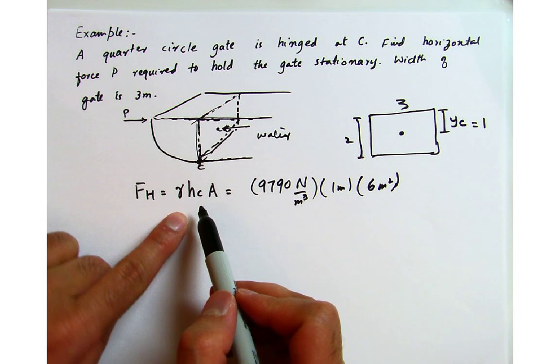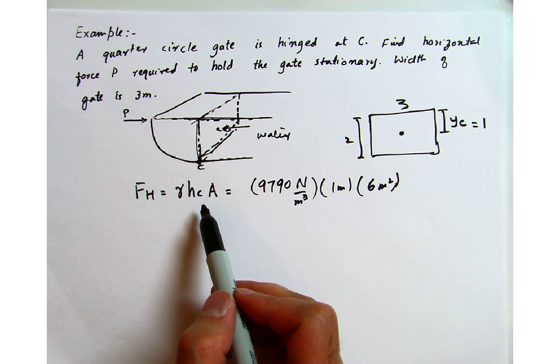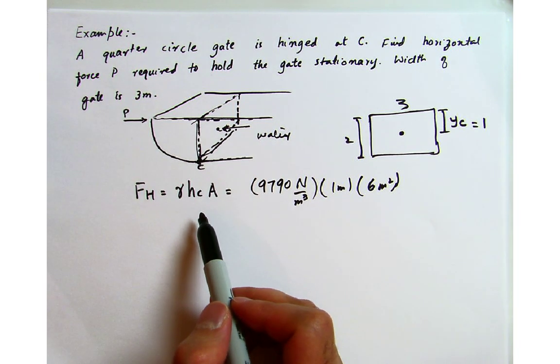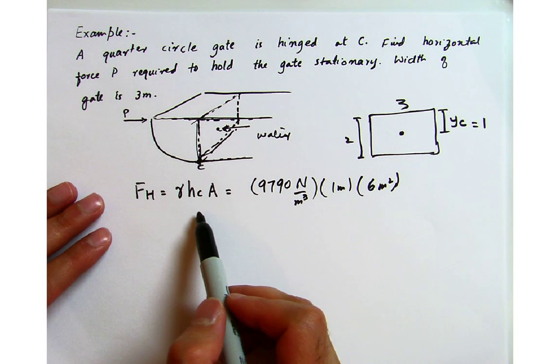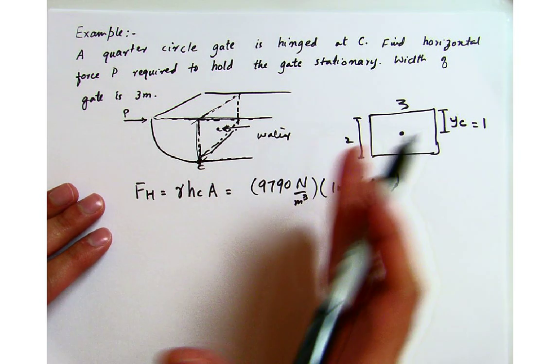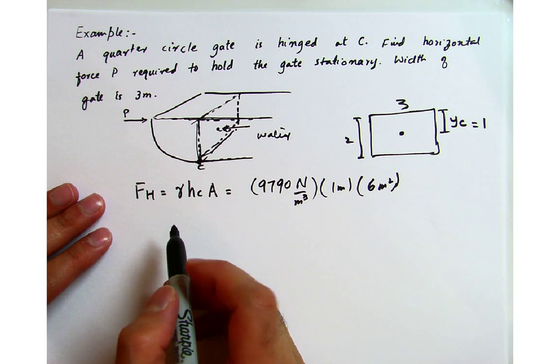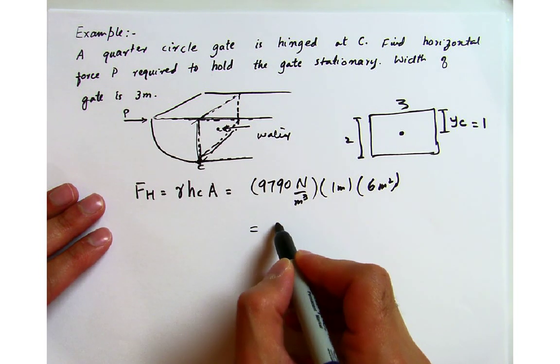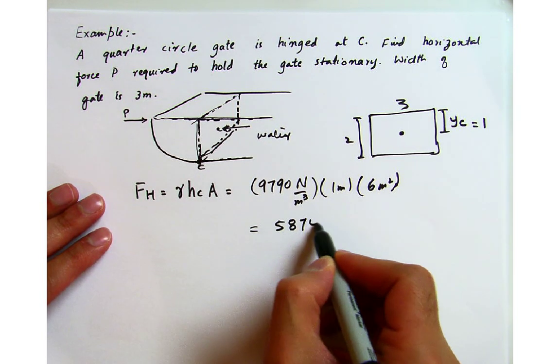You can look at the derivation in today's video or the last video that I talked about, for the forces on a vertical plate. When I multiply all of these together, it gives me 58740 newtons.